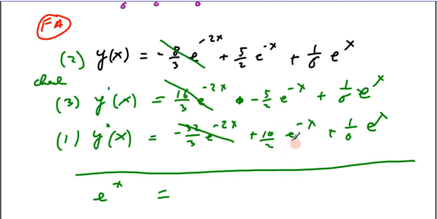Wait a minute, how did I do that? This is 5 over 2. Okay, now I got 10 halves, 15 halves, minus 15 halves. That term goes away, and I got 2 plus 3 plus 1 e to the x, check. Okay, got relatively lucky. 3 more to go.